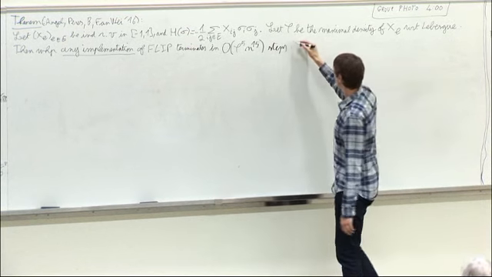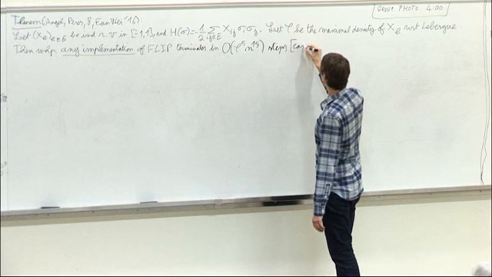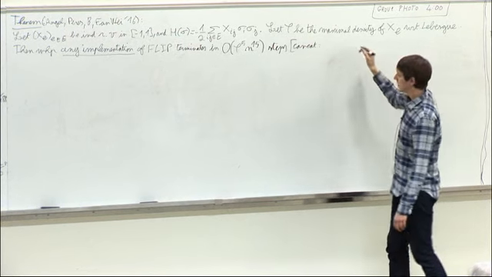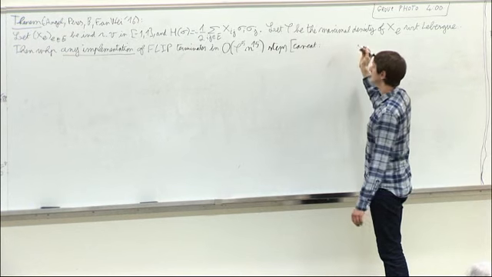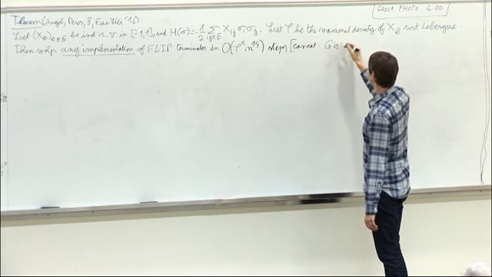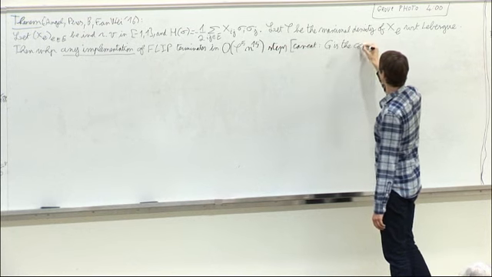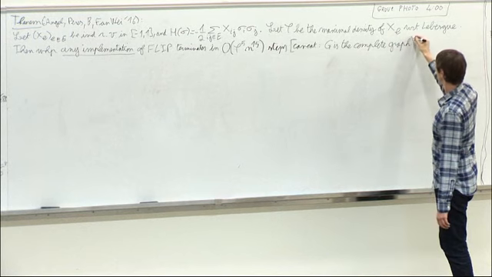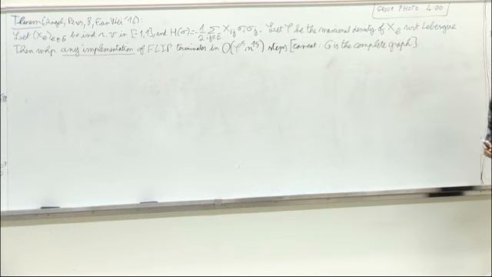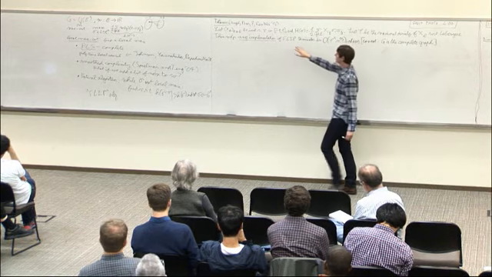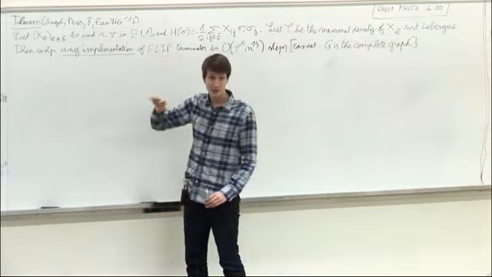And a little caveat here is that in this case, we also have to assume that G is a complete graph. Note that I assume that those random variables are independent, not IID.